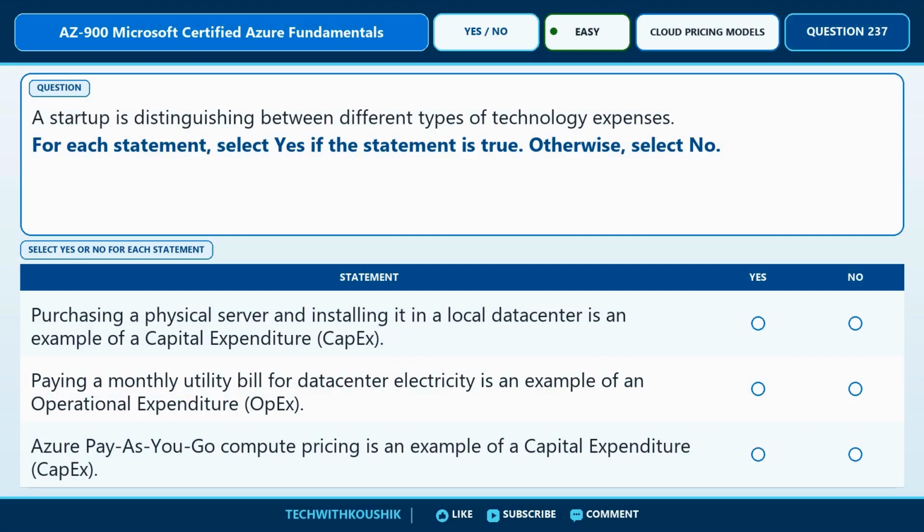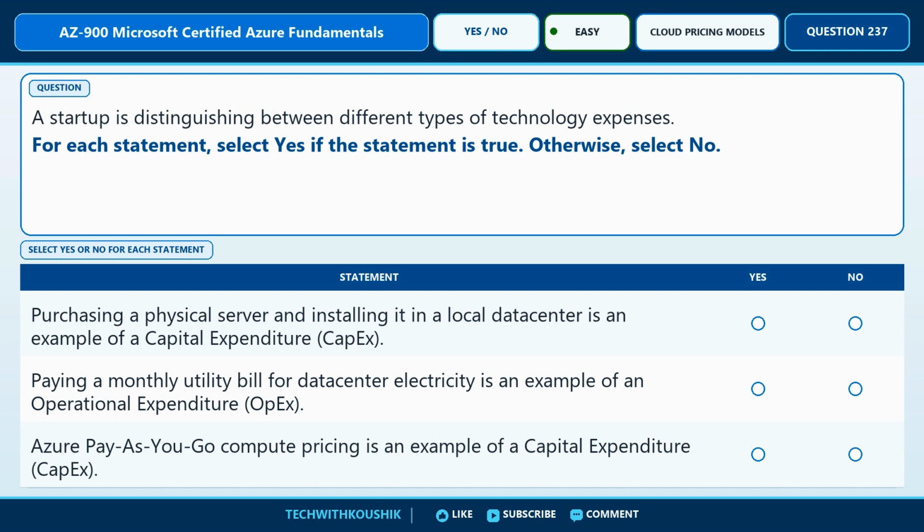Here comes question number 237. Here's what is happening. A startup is distinguishing between different types of technology expenses. For each statement, select yes if the statement is true. Otherwise, select no. Now check statement 1.